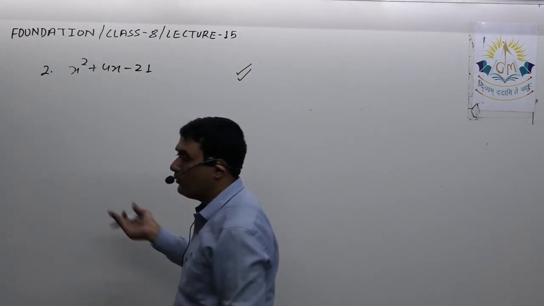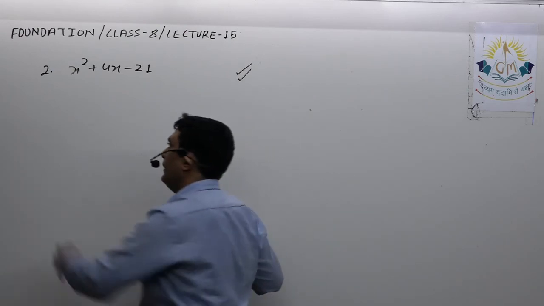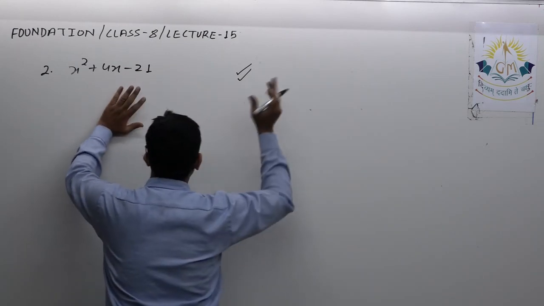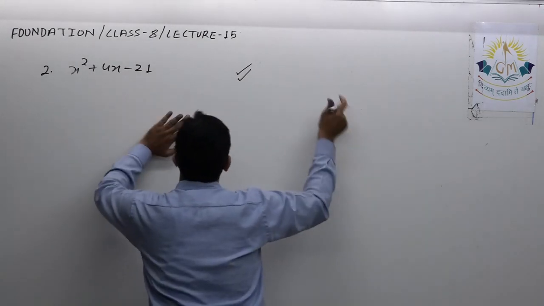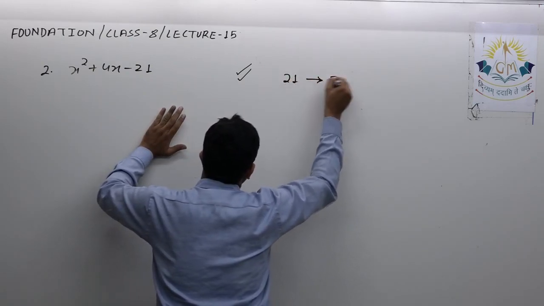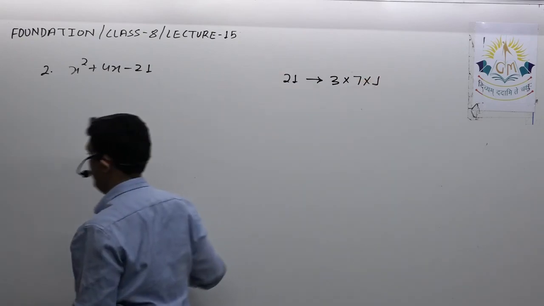For that, you have to find the factors of a multiplied by c. a is 1, c is 21. Definitely it is minus 21, but while finding the factors we can ignore the sign. So we have to find the factors of 21, that are 3 multiplied by 7 multiplied by 1.